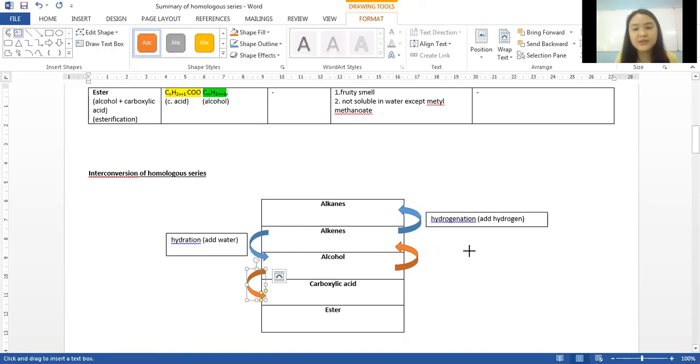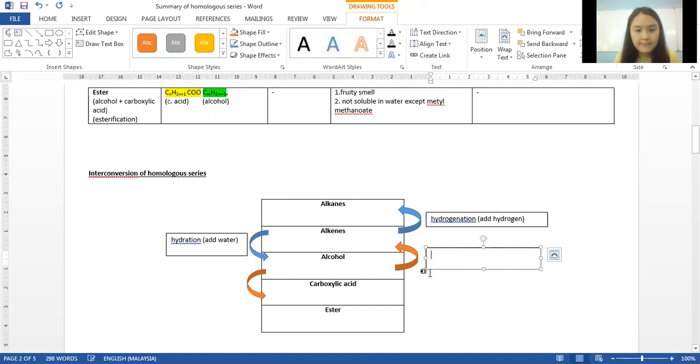So what are the processes that allow such conversion? Alcohol can go back to alkene when you perform dehydration on it. For example, if I have propanol and I remove the water, I get back propene. If I have ethanol and I remove the water, I get back ethene.